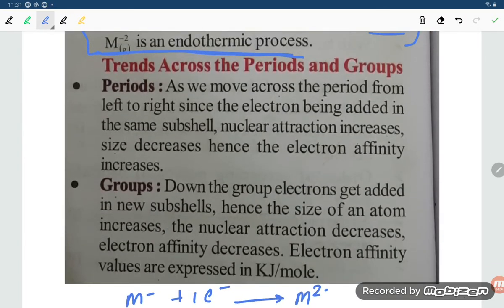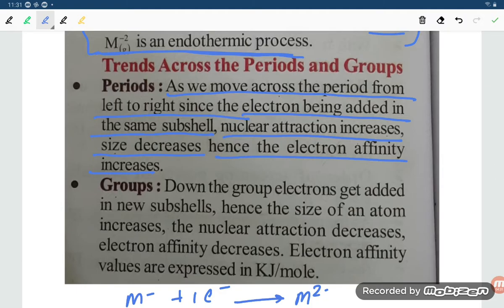Let us see how it varies in the group and period. As we move across the period from left to right, since the electron is being added in the same subshell, nuclear attraction increases, size decreases, hence the electron affinity increases. More attraction means more energy released.